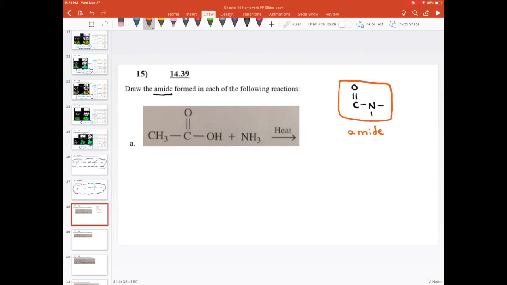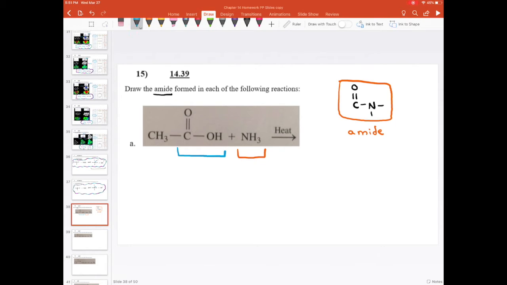Now, you can make amides by taking a carboxylic acid, carbon double bonded to oxygen, single bonded to an alcohol, and reacting them with amines, so nitrogen with just all three single bonds around it. This particular type of reaction ends up being really important because this is how amino acids are going to connect to form proteins.